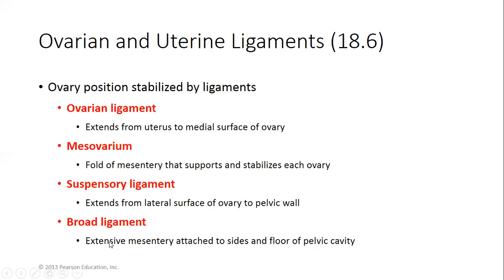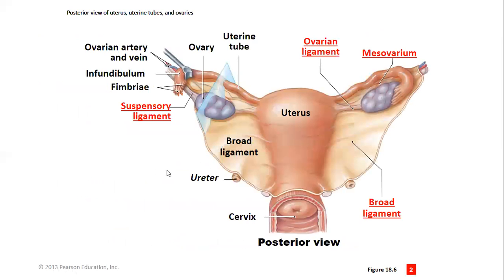It's pretty extensive and it surrounds most of the uterus. It's extensive with regard to its size, but it attaches to the sides and the floor of the pelvic cavity and holds the uterus, ovary and fallopian tubes in place and helps protect them as well.